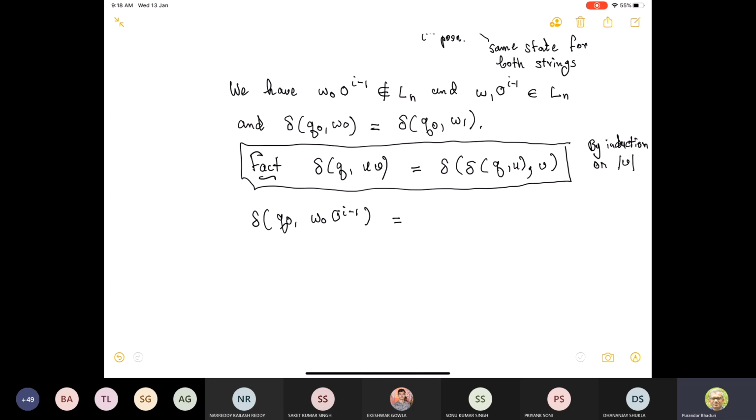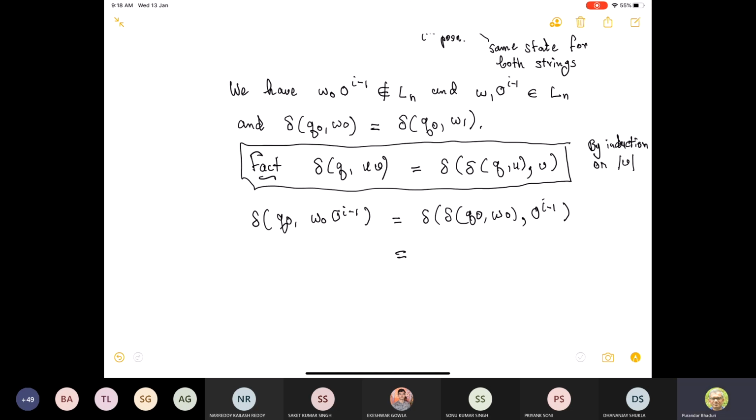By using this fact, we just break up the string into those two parts, which we called U and V. So we process W0 first, and then 0 to the power I minus 1.